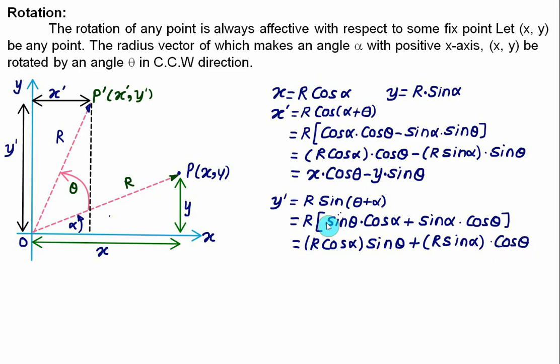So we have y prime is equal to x sine theta plus y cos theta. So these are the generalized equations we can use to calculate x prime, which is x cos theta minus y sine theta, and y prime is x sine theta plus y cos theta.